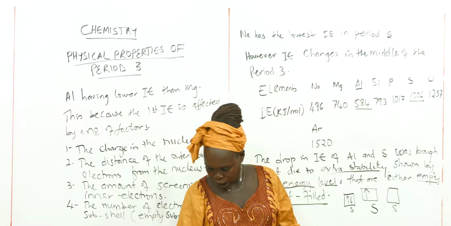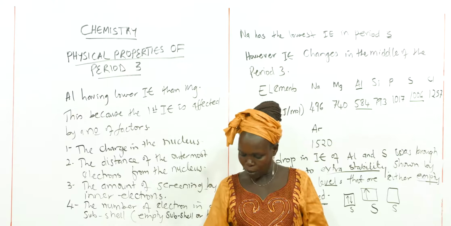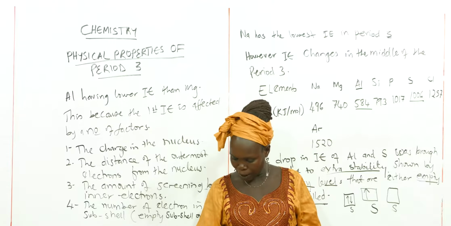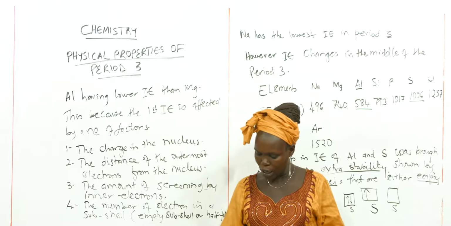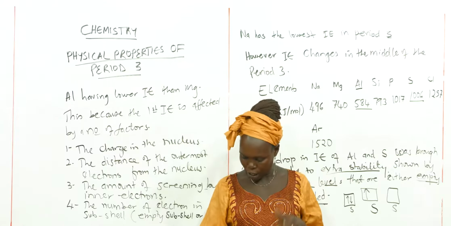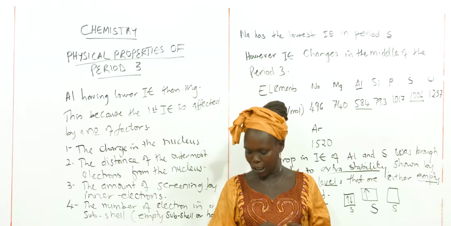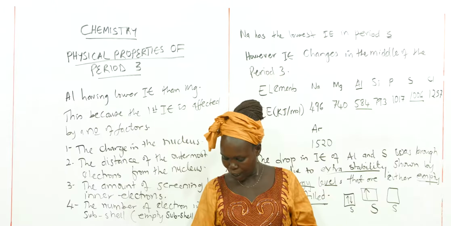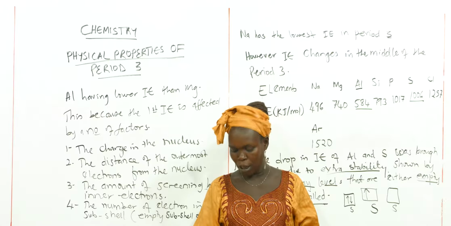So the screening is identical in both phosphorus and sulfur, and the electrons to be lost are in the same subshell. So although the electrons are all in the same subshell, there is still a difference: the sulfur electron to be lost is paired with another.